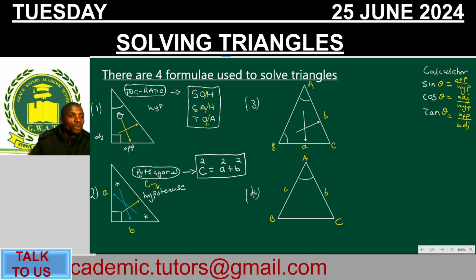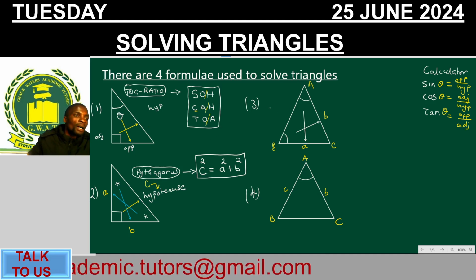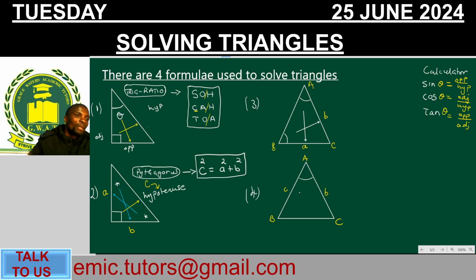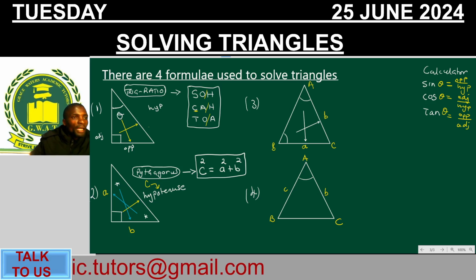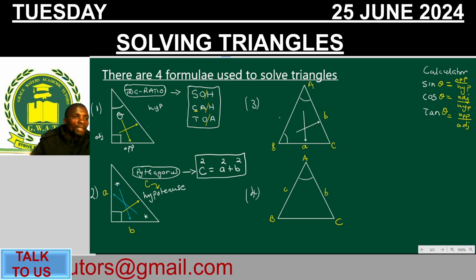We need to move to the formula for the third one and the formula for the fourth one. So for the third triangle, if you can see here, it's a non-right angle triangle, but I just did some adjustments here. You see that we are given an angle as well as its corresponding side. Then C is not given, and the side corresponding to C is not given.